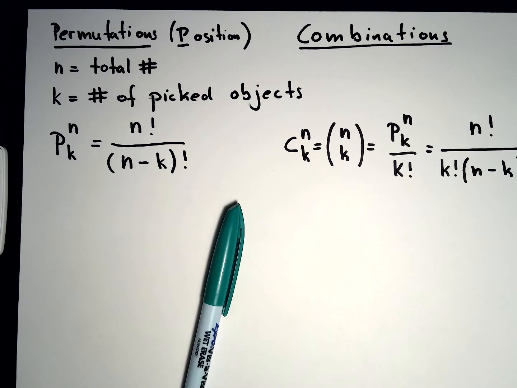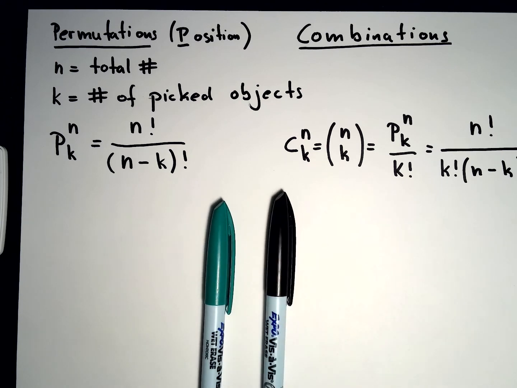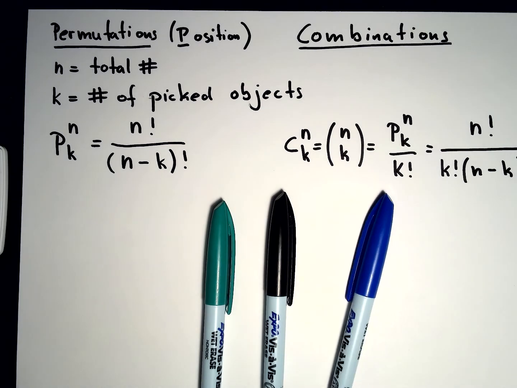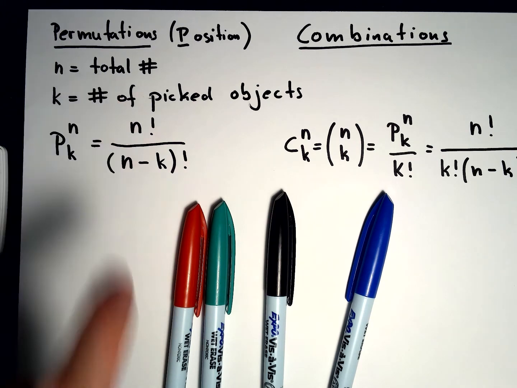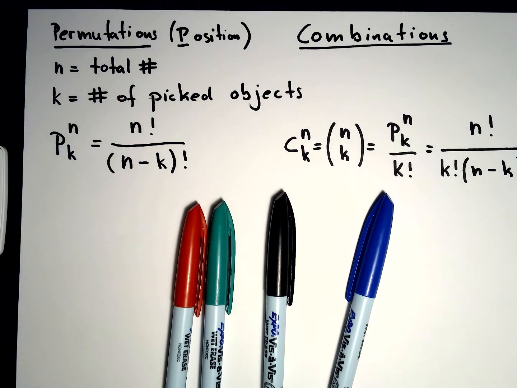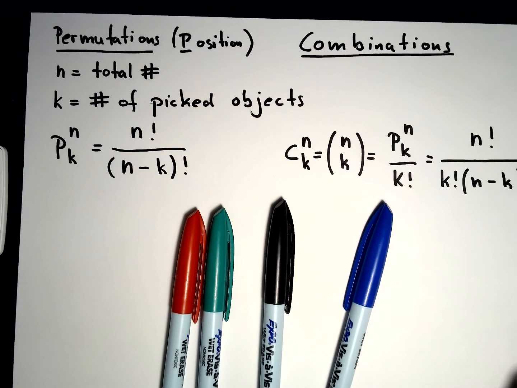So we have a green pen, a black pen, a blue pen, and a red pen. Now, we have 4 pens, which is the total number of objects that we have, and K is going to represent how many objects we are actually going to pick. So think about N is equal to 4, and let K be equal to 2.